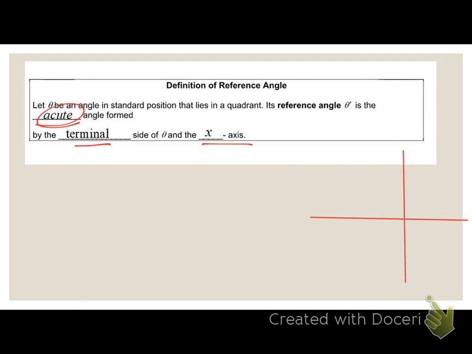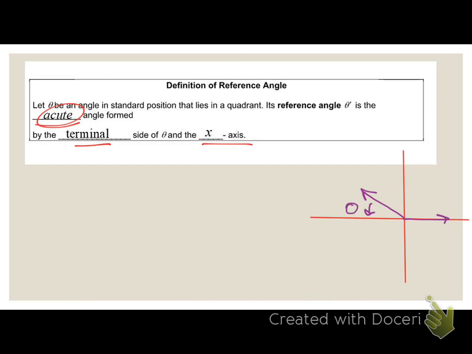So no matter where you are, in terms of an angle in standard position, if you're in quadrant 1, then this would be your reference angle. Okay, so then that would be your reference angle. If you're in quadrant 2, then your reference angle would be that angle measure.